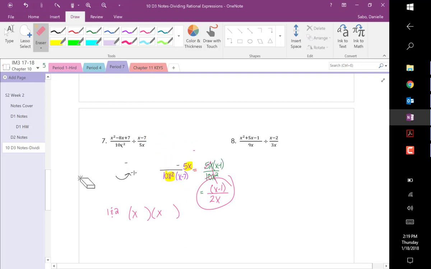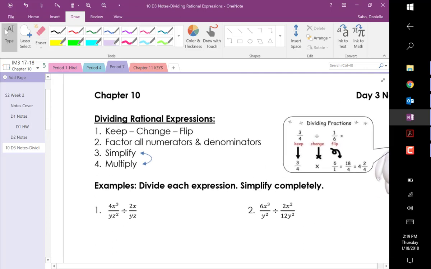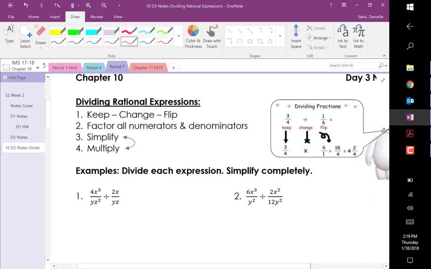Now, the only new thing that you are learning today is just one step, and it's something that's not even math. It's just some rearranging. When you learned about dividing fractions, you might have heard the saying keep, change, flip, kind of like KFC, but the C is before the F. It becomes multiplication, which is what we did yesterday, but we have to flip it in order to do the actual multiplication.